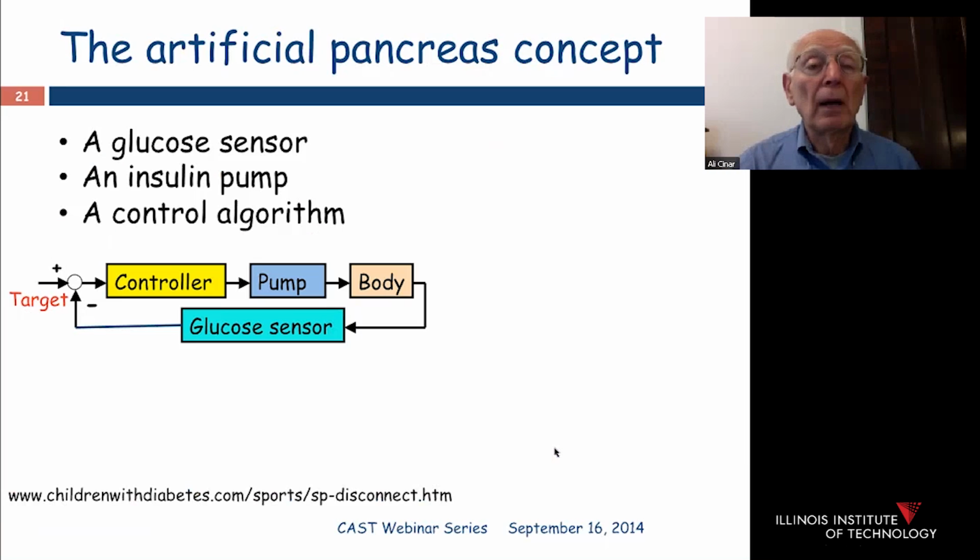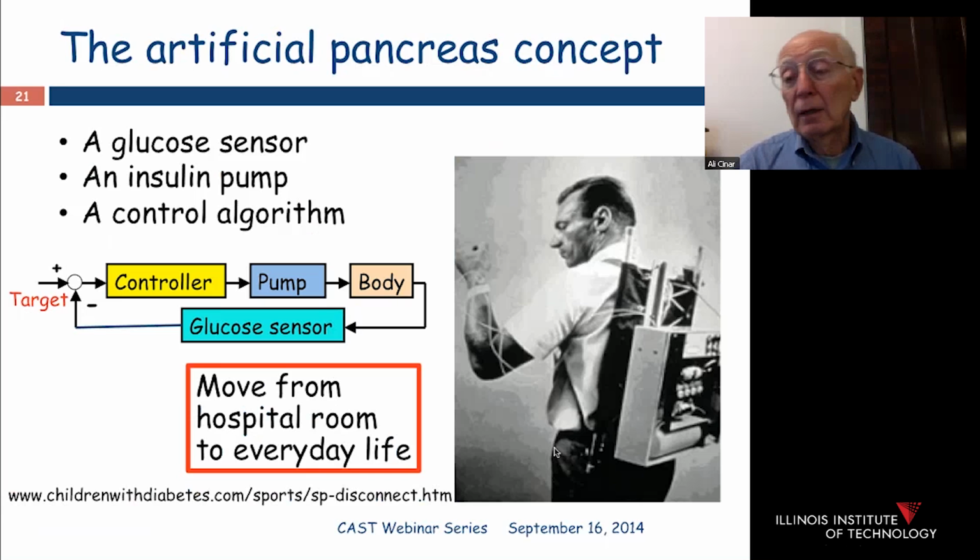So going back to the artificial pancreas concept, it's a glucose sensor, an insulin pump, and a control algorithm. And here is one of the earlier pumps that have been around. But now, if you think back about the very small size pump and the very small size monitor and controller, we are getting ready to move from the hospital room to everyday life.